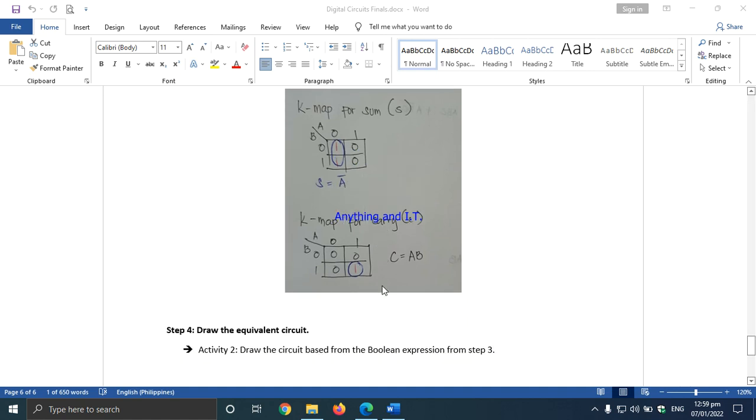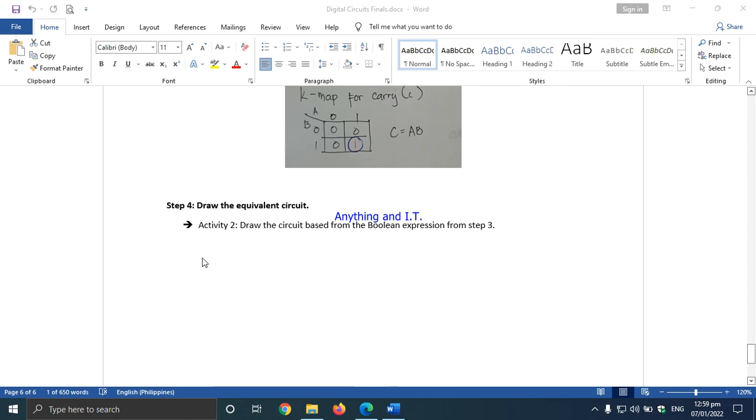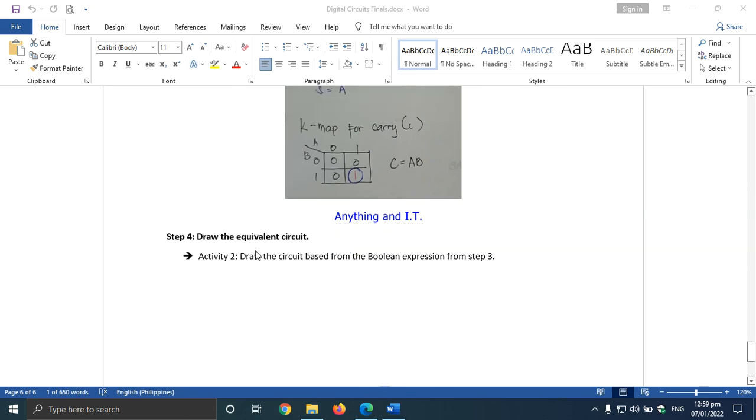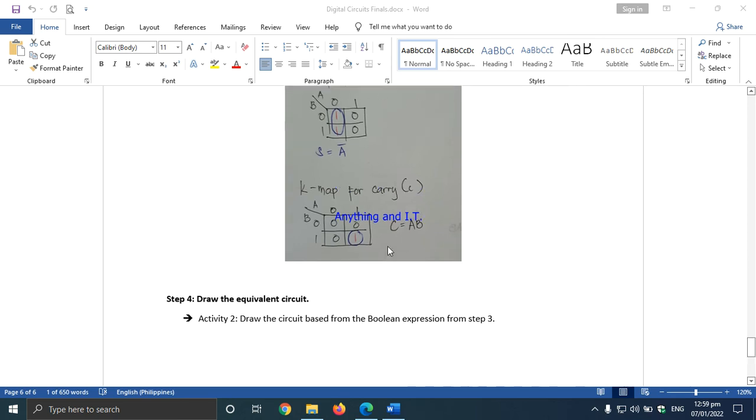For our carry over naman, we have the output as C is equal to AB. So for your second activity, we're going to draw the equivalent circuit of the Boolean expression for sum and for carry.